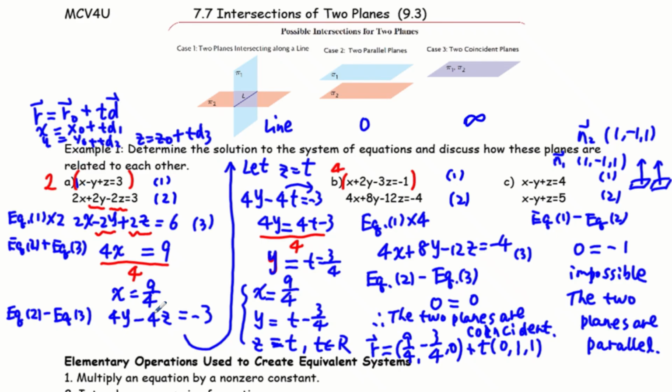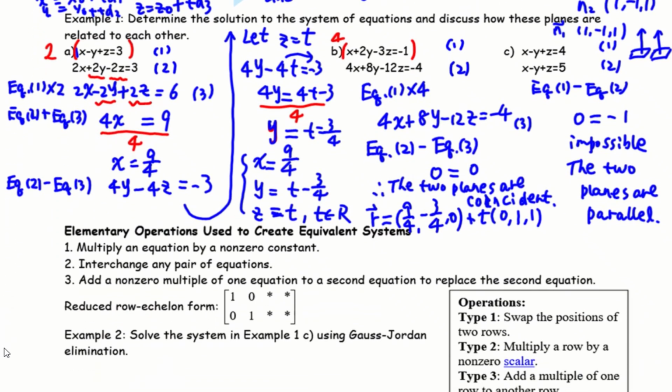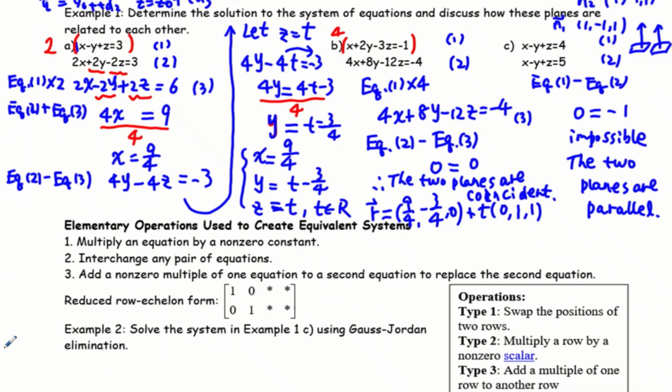And from here it is a little bit tricky, and we are going to learn a new method to solve for the intersections of two planes. We call it the Gauss-Jordan elimination method.